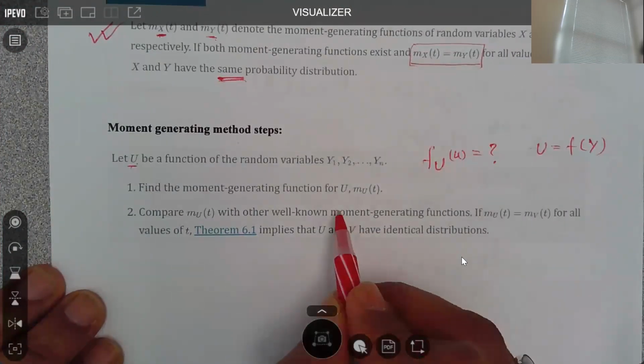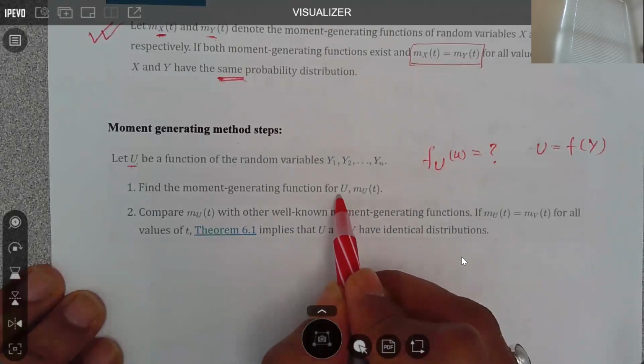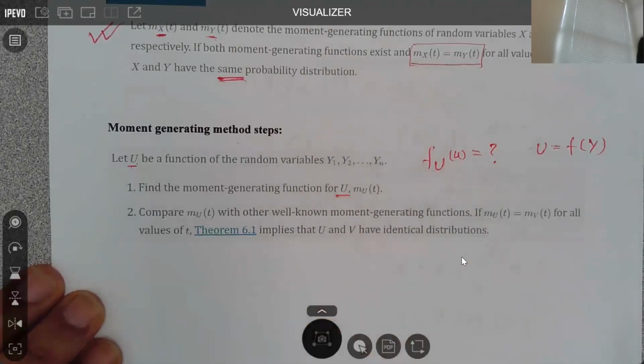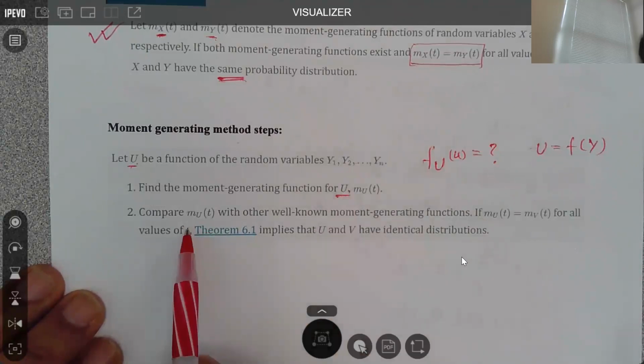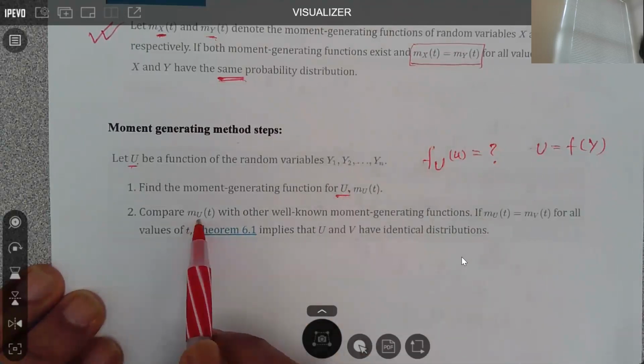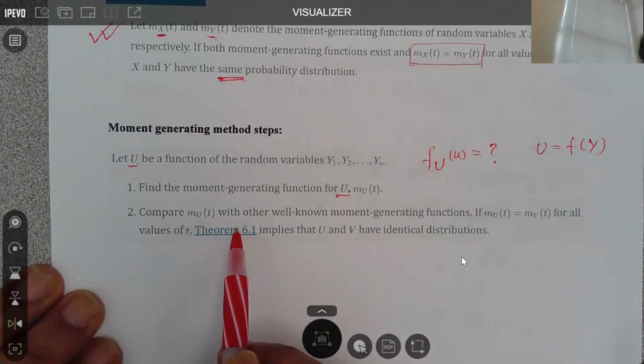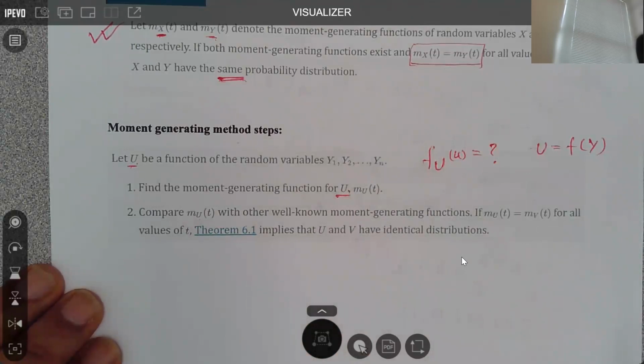Now you have the moment generating function of u. Once you find it, you compare the moment generating function of u to the standard ones, like the binomial distribution, normal distribution, gamma distribution, exponential distribution, whichever you know.